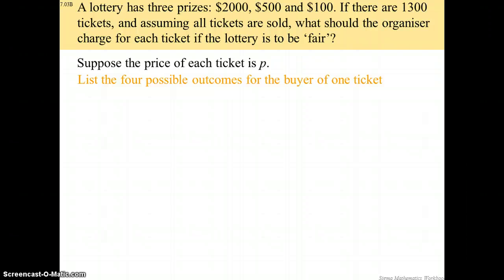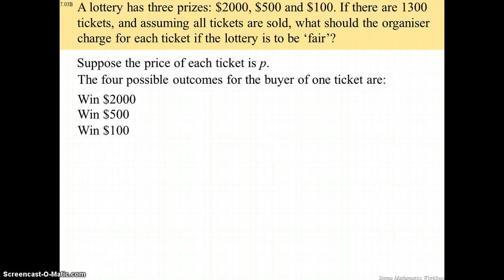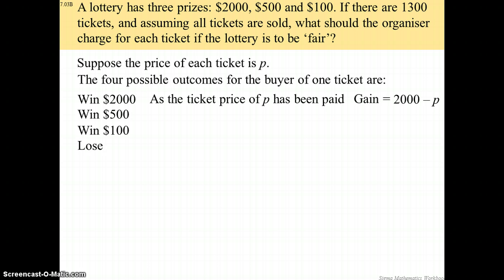That's the 4th outcome. It's actually 2,000 minus the P, minus the price that you paid. Right? So $2,000 minus the price you paid, and $500 minus the price you paid for the ticket. Or the 4th outcome is you lose the price that you paid for your ticket.